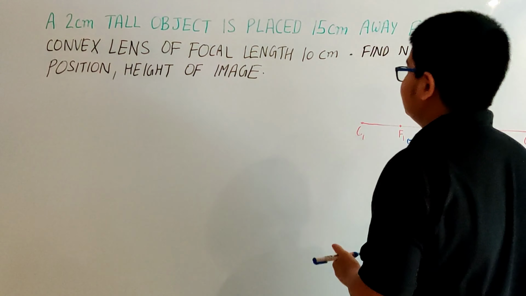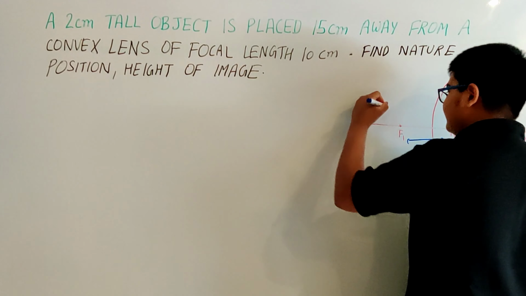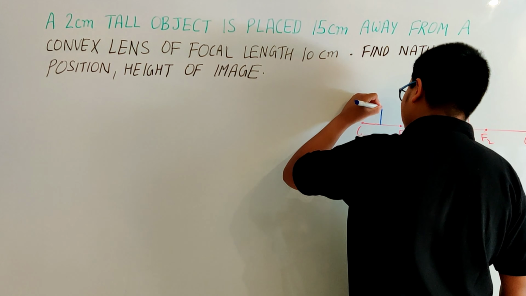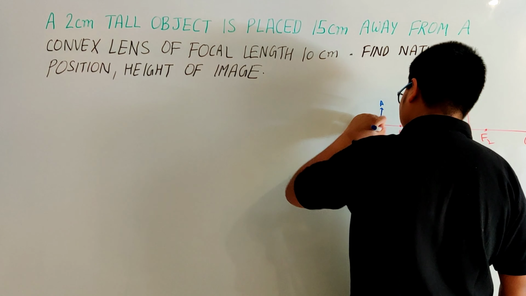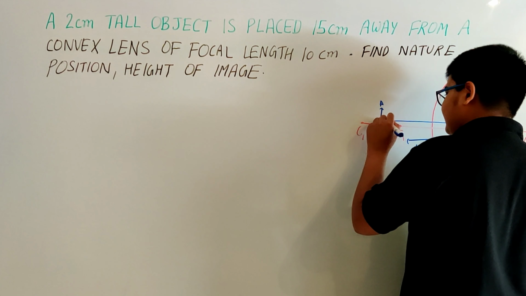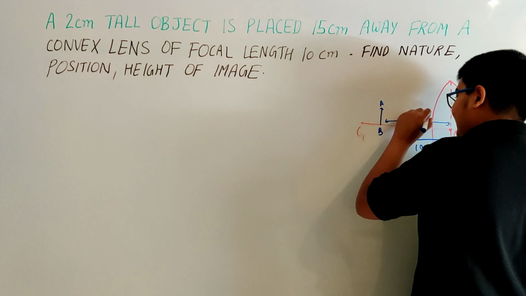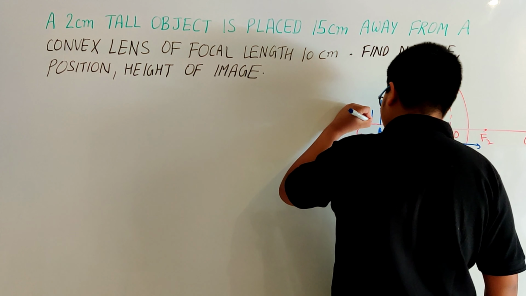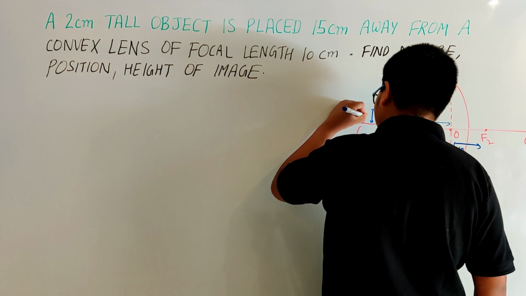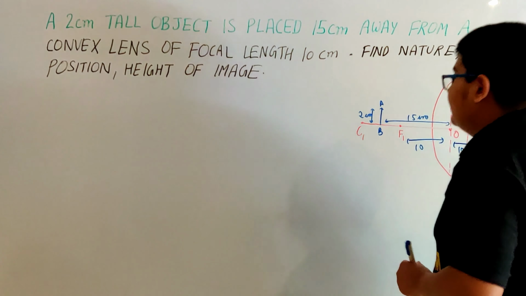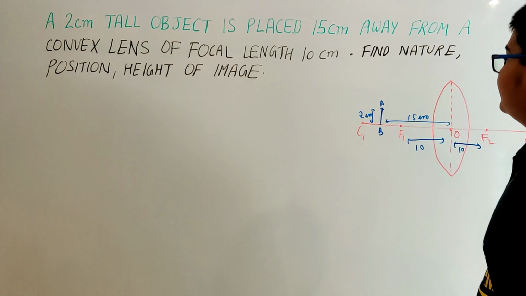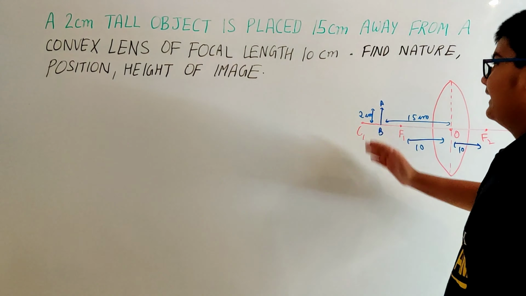The object is placed 15 cm away. Here is the object. Entire distance is 15. And the height of object, the size of object is given to be 2 cm. Now we have to find the position, nature and height.